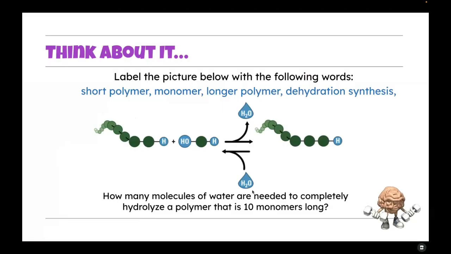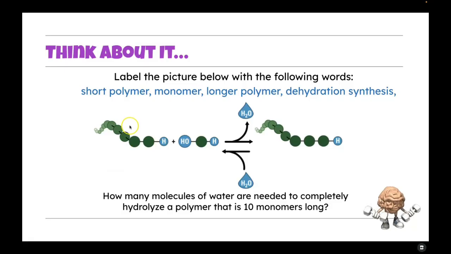All right, so think about this question. Which one do you think is a monomer and which one do you think is a polymer? Do you think that this is dehydration synthesis, or do you think this is hydrolysis? All right, and so this one is dehydration synthesis.